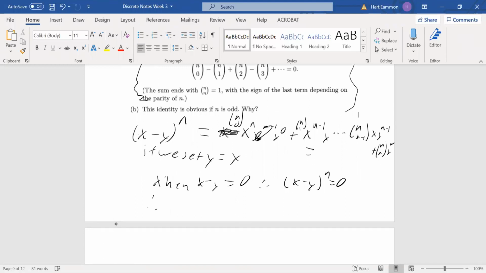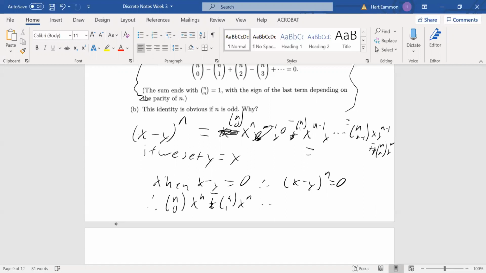Therefore, we would have n choose 0, x to the n, minus n choose 1, x to the n. Oh, sorry, these guys alternate. So this should be minus. And then this will be plus or minus, and then this will be minus plus, depending on if n is odd or even.